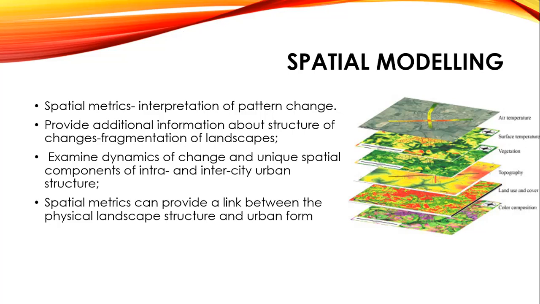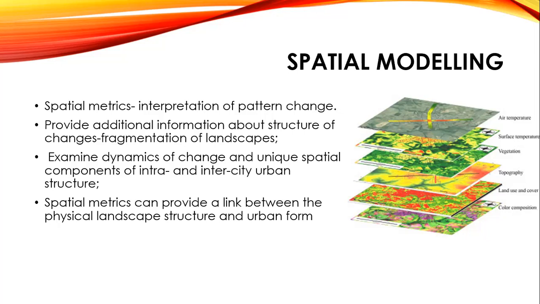So if it's the northern part of Nairobi, what's happening on the southern part, on the eastern part, or on the western part? You're examining changes, the dynamics of these changes. To what magnitude are these interactions occurring? Could there be other factors existing? Then there are the spatial metrics that can be derived because the areas are diverse.